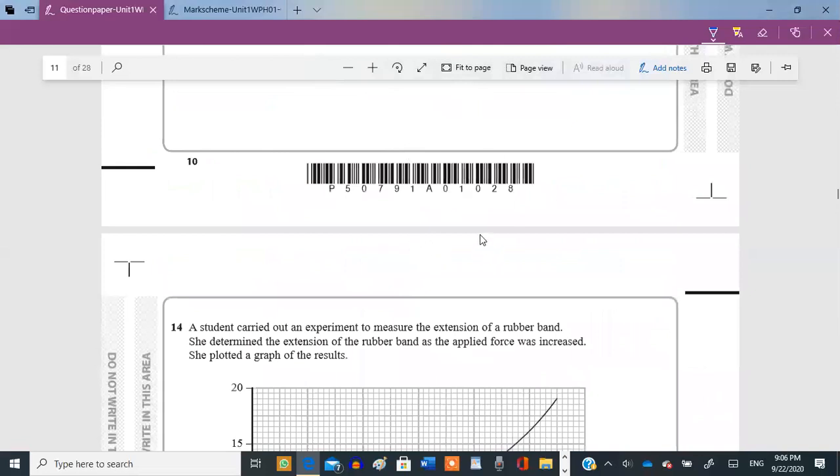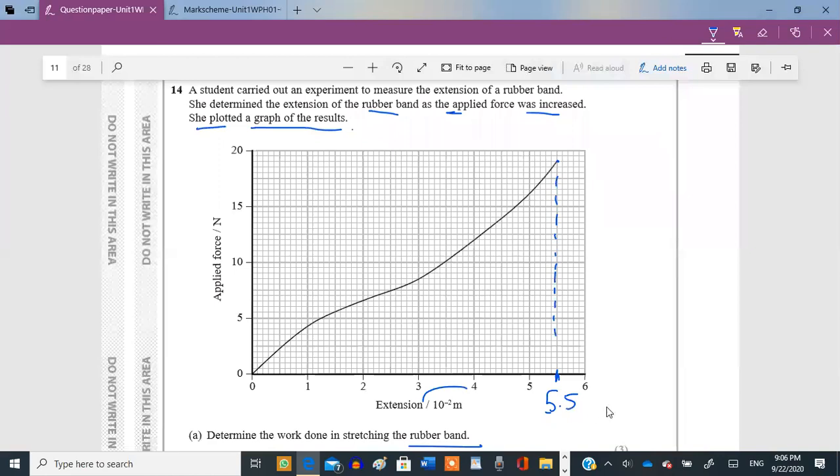All right, this is the working part. The work done in stretching this rubber band. Total work done. This is 5.5, and this is raised to the power of -2. Right, you need to calculate the area under this graph entirely. So basically the idea over here is you need to break it into smaller segments.